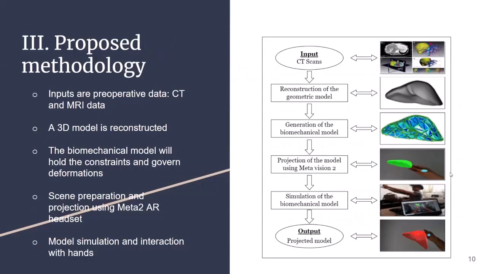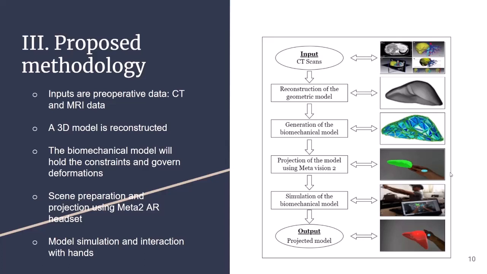We pass on to the proposed methodology of our paper. Our proposed methodology consists of inputs and output. For the input, we have CT scans of the liver of the patient.